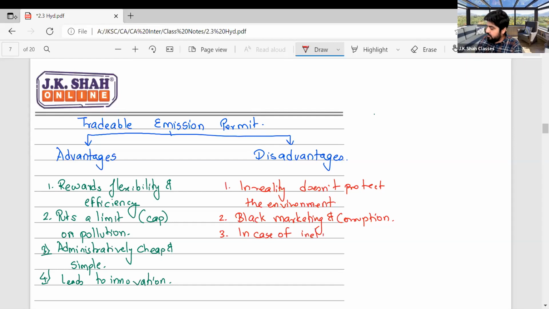In case of inelastic demand, the burden will be shifted onto consumers. So consumers end up paying a higher price for that.